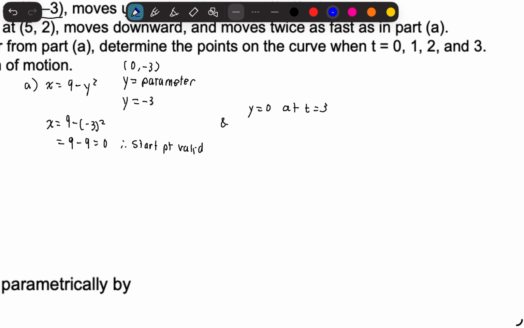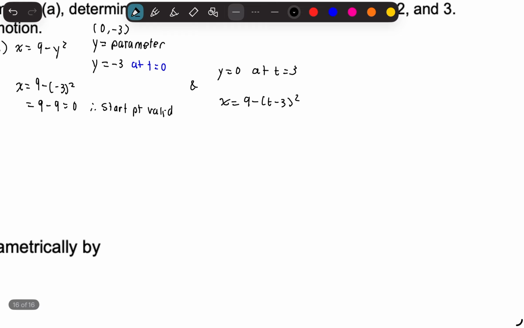So now we're going to do x is equal to 9 minus (t minus 3) squared. So our equations are going to be x is equal to 9 minus (t minus 3) squared, y is equal to t minus 3.